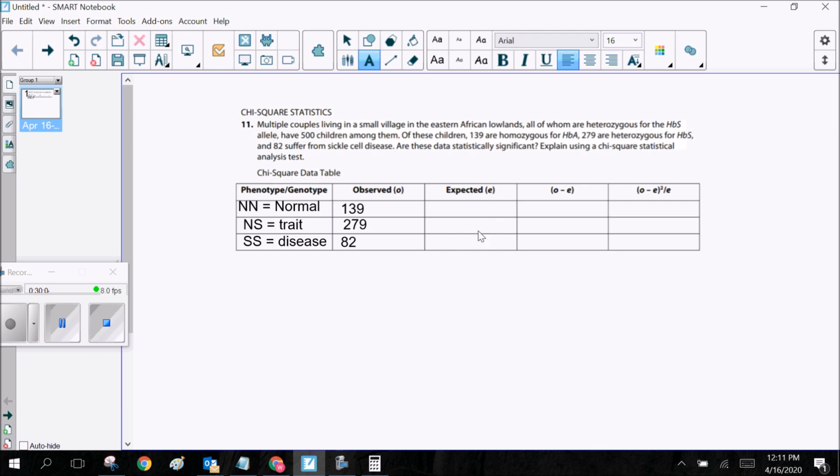Now, what would my expected values be? Well, here's the thing. They said that all of these individuals are heterozygous, so that means that they're all just trait bearers.